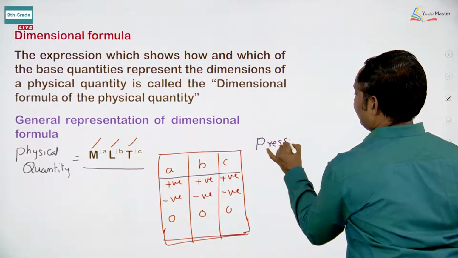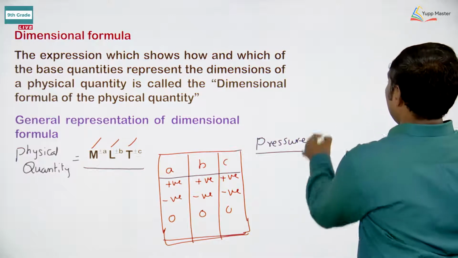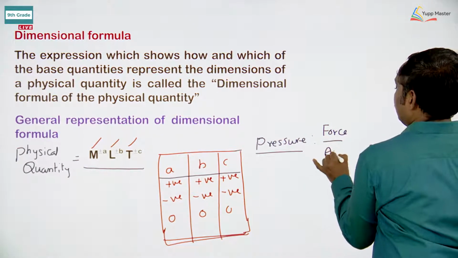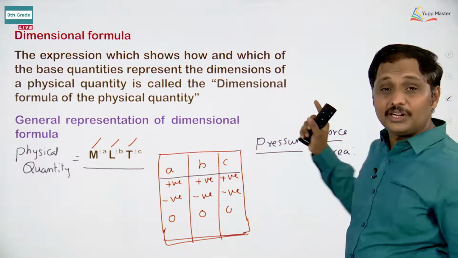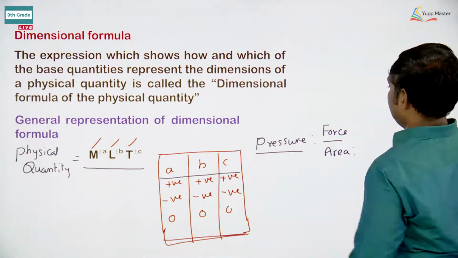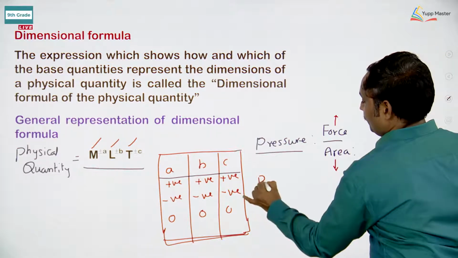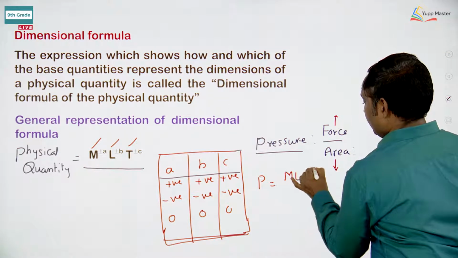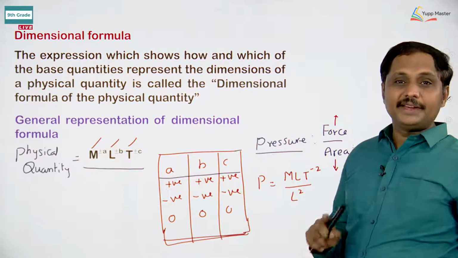Pressure is force per area, force by area. Already we have discussed force. If you are going to take force and area, therefore P is equal to M L T minus 2 by L square. Very clear.